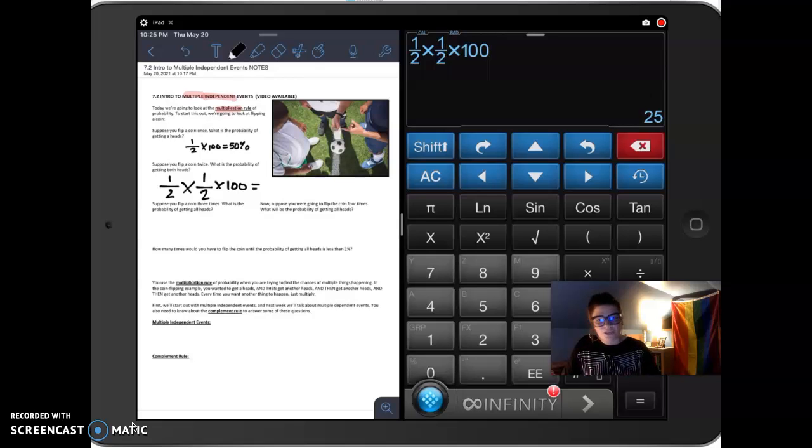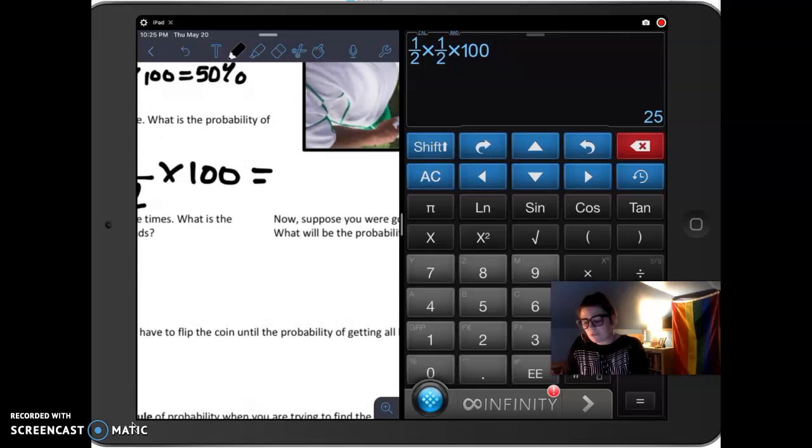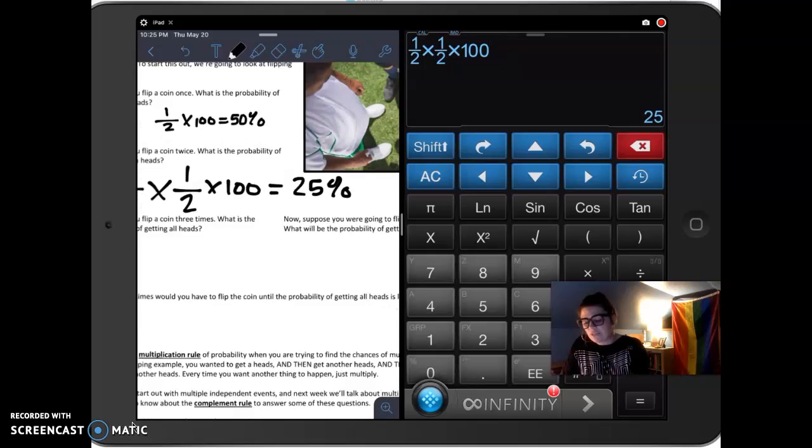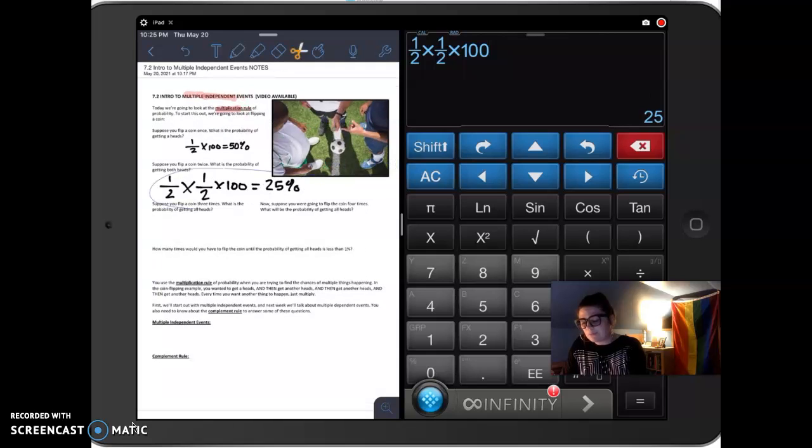All right, so it's 25, and we know since we multiplied by 100, it's 25, and then don't forget to put the percent symbol. Again, that's one of those things where you want to have your pinkies up, you want to be proper, you want to do things the proper way. In mathematics, you put the percent symbol after a probability that's as a percent.